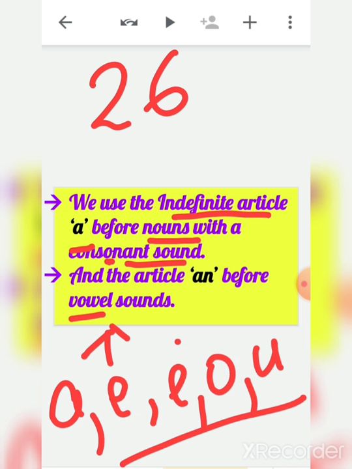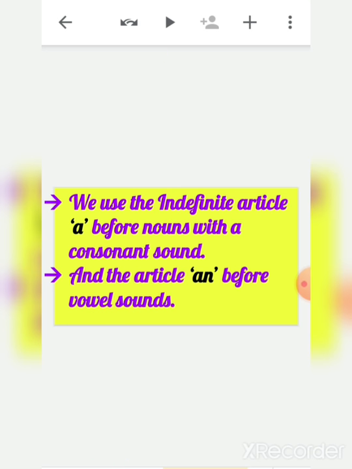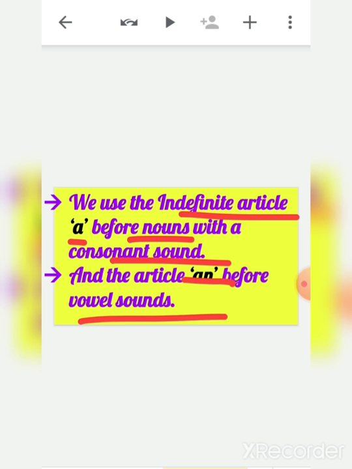Understood? You have studied this in your previous class also, so you all know. So we use the indefinite article a before nouns with a consonant sound, and the article an before vowel sounds.